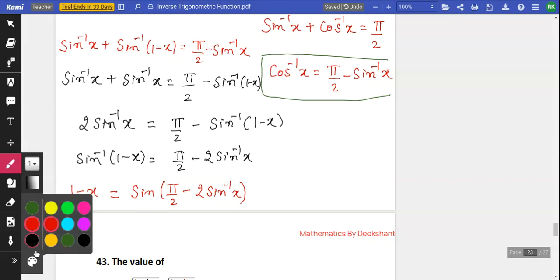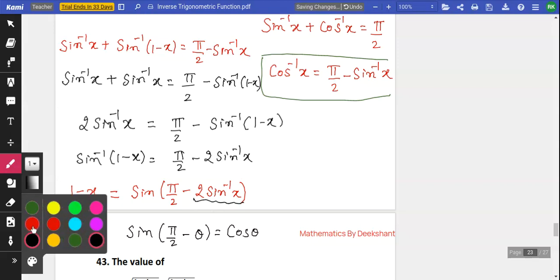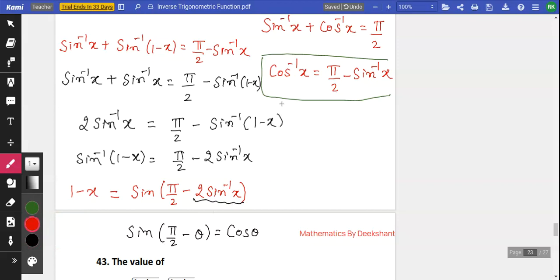Basically, using the formula sine of (pi by 2 minus theta) is cos theta, where theta is 2 sine inverse x, it becomes 1 minus x is equal to cos of 2 sine inverse x.